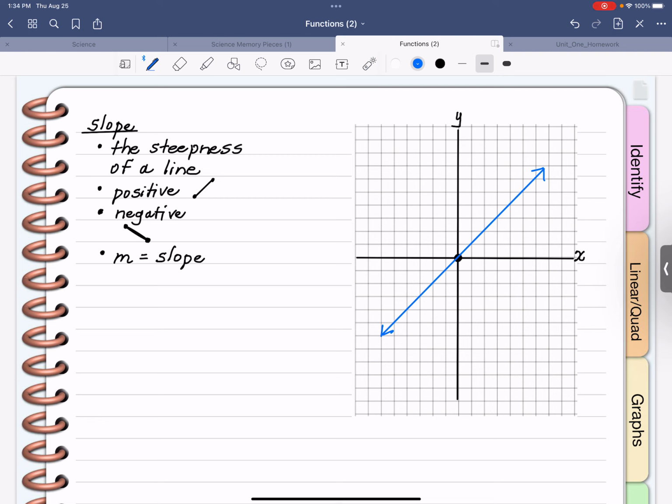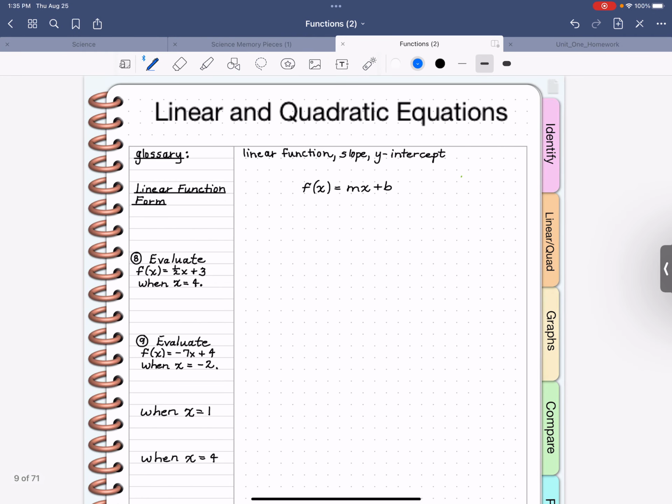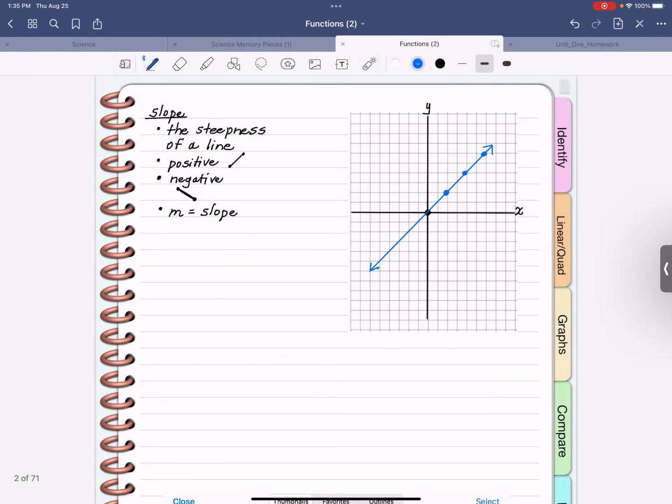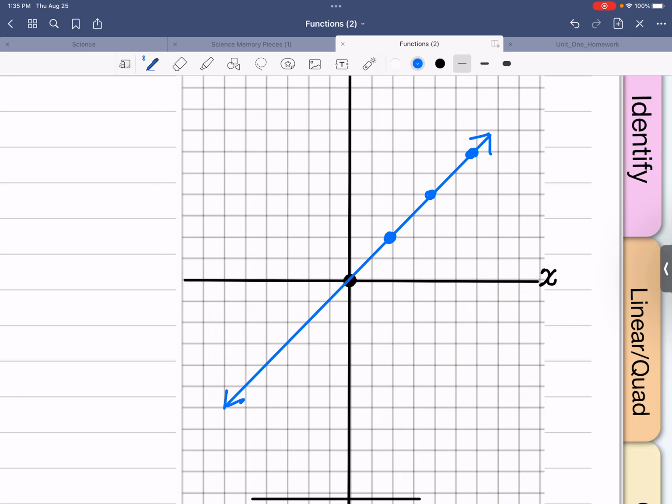So let's go ahead and put some more points on this line. I think I'm going to do a point right here, a point right here, and a point right here. Okay, and let's give those points a coordinate. Let's give these points a label.